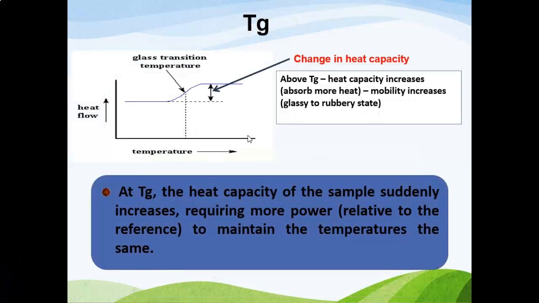If the polymer is amorphous, Tg will look like this. We measure the change in heat capacity, which means heat is absorbed by the sample; the polymer has a higher heat capacity above the Tg. So the Tg value is the value at the center of the incline here.